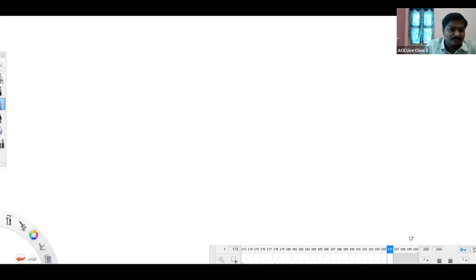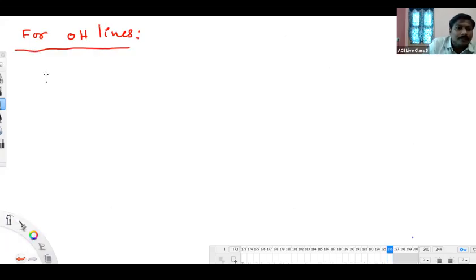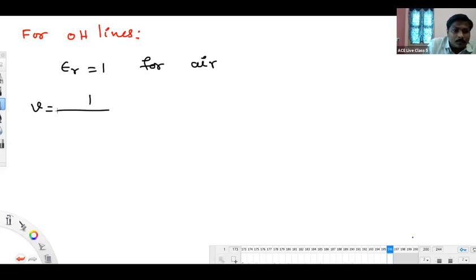Next slide. For overhead lines, epsilon r is equal to 1 for air, the surrounding dielectric medium. So what is the velocity of wave here? 1 by root mu naught into epsilon naught.